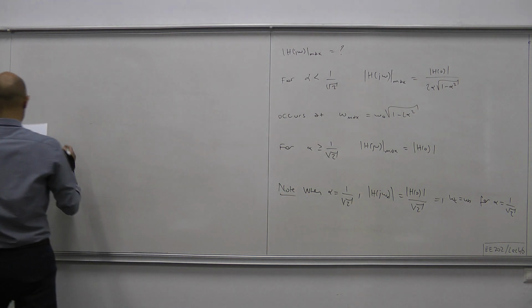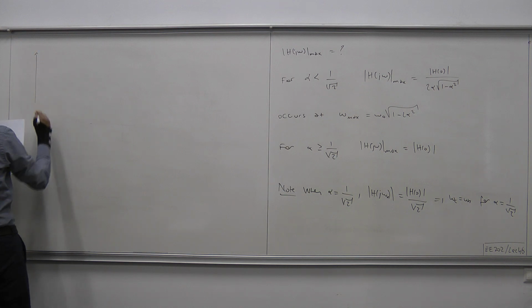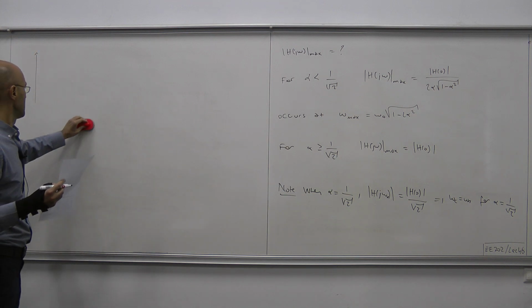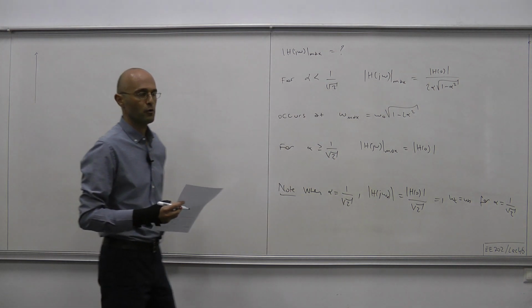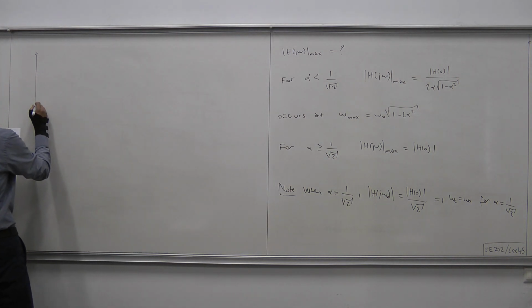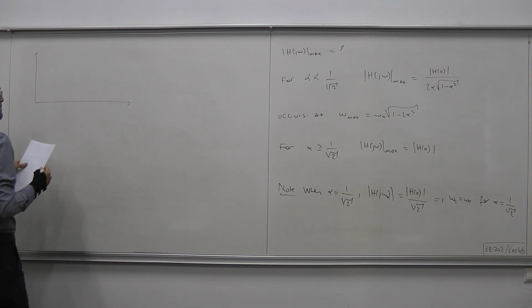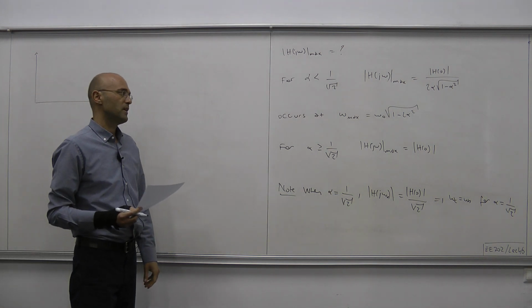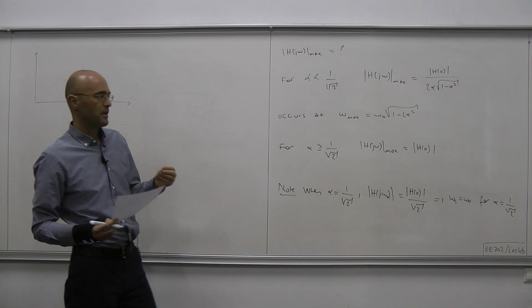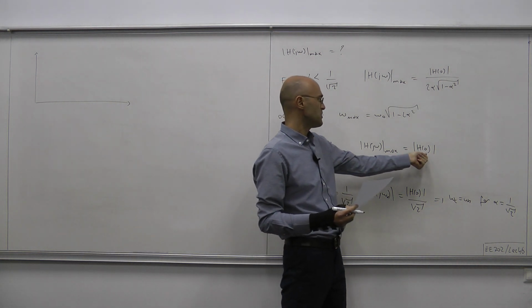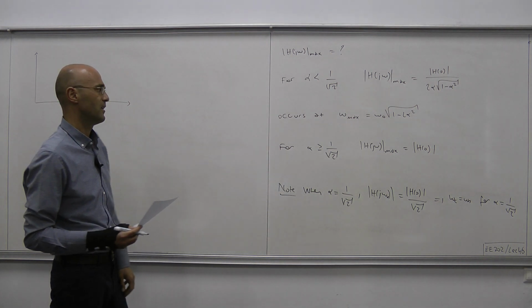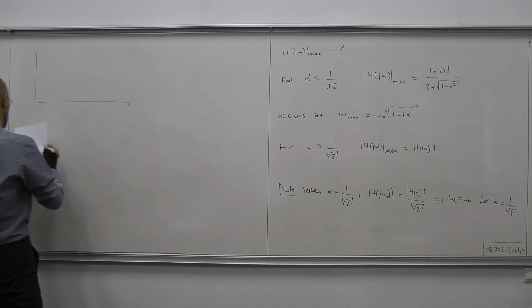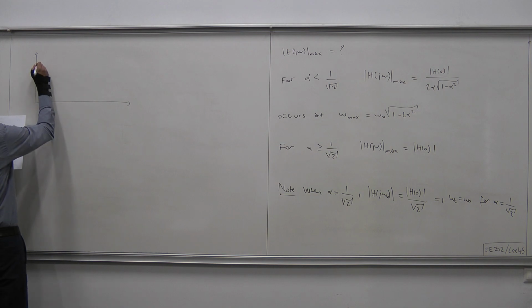Okay, so when alpha is large, and by large we mean alpha larger than 1 over square root of 2, then what we have is a monotonic shape. Okay, so the gain function is always decreasing, and it attains its maximum value at the lowest possible frequency, which is omega equals 0. Okay, so we have this shape.